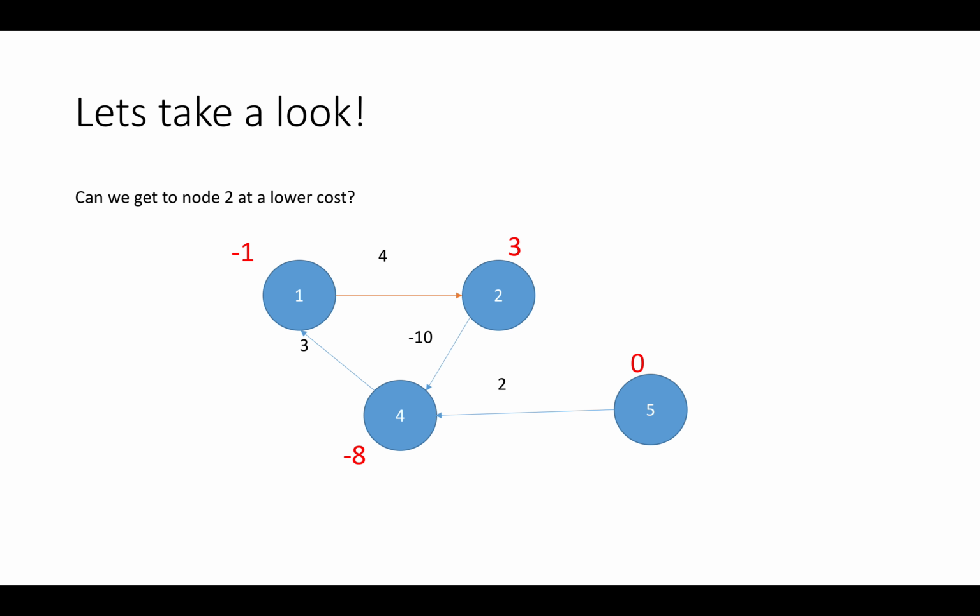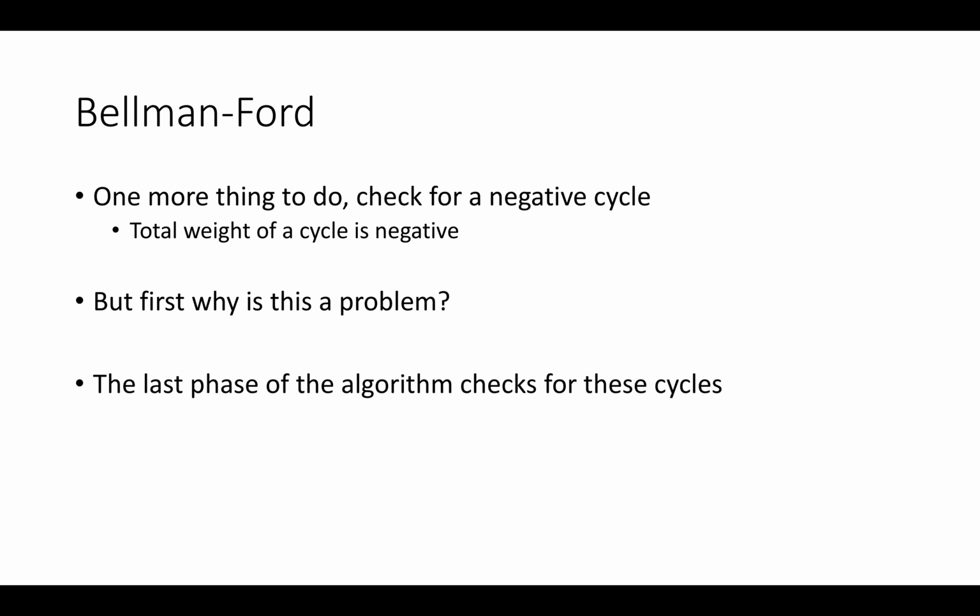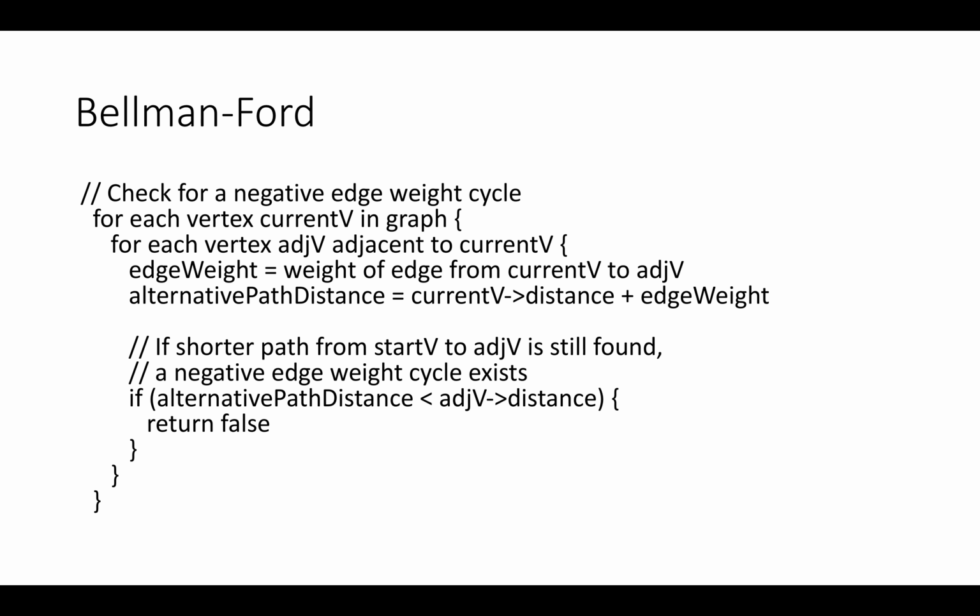So to account for that, our algorithm is going to need to be able to check for these negative weight cycles, which is what this last little bit of pseudocode does here.